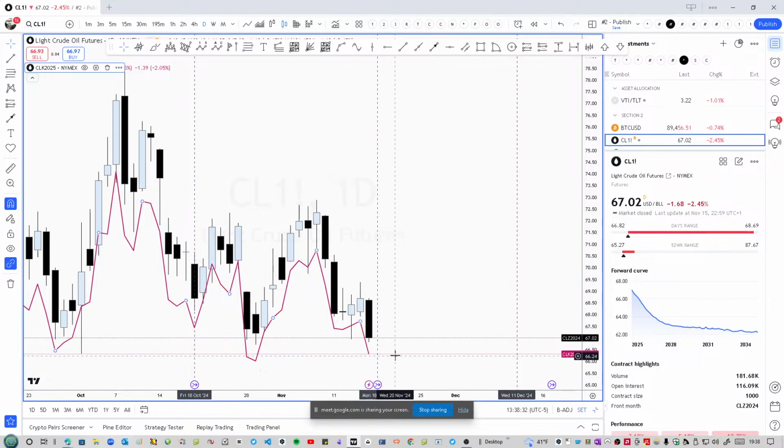And if you just go, for example, short the current price and long the future price, then you would have a spread.